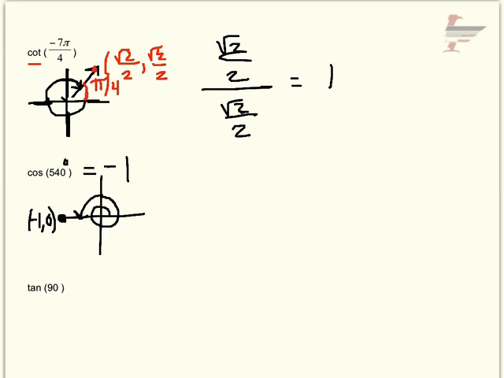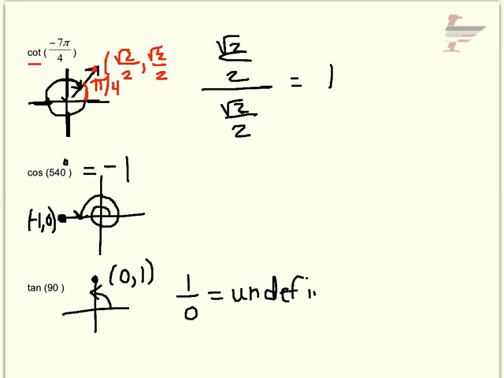Piece of cake. And last one, tangent of 90. Oh, another super easy one. 90 degrees is right there, and I know the point there is 0, 1. Tangent is sine divided by cosine, so 1 divided by 0. Oh, I can't divide by 0, so the tangent of 90 happens to be undefined.